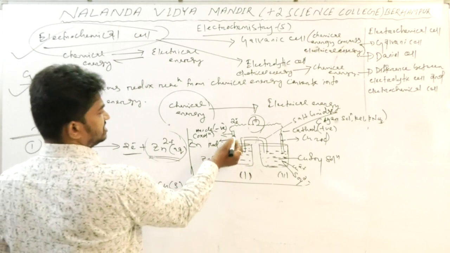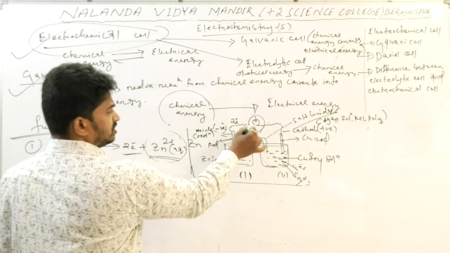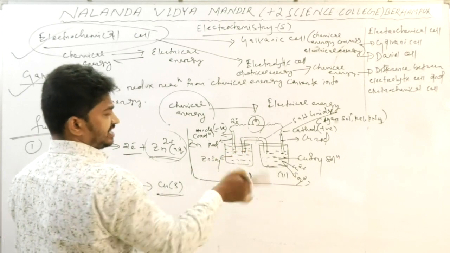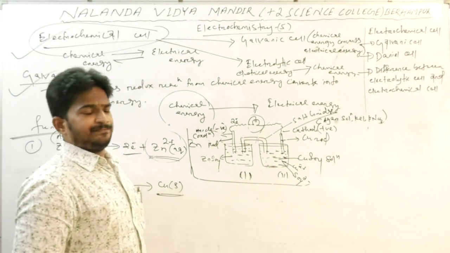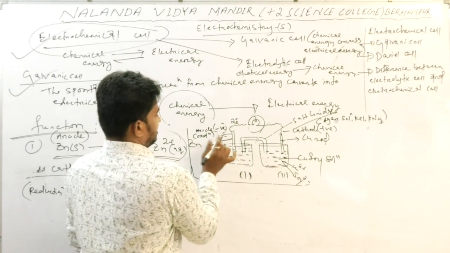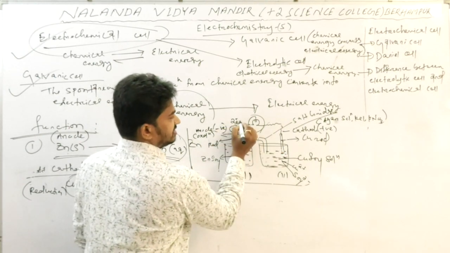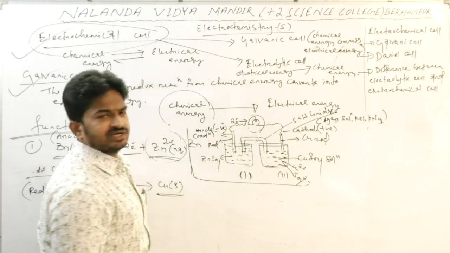And similarly, zinc is negative in nature. So when zinc loses two electrons, it becomes positive. So negative and positive neutralize each other. And one thing we need to know is that electrons move from anode to cathode.